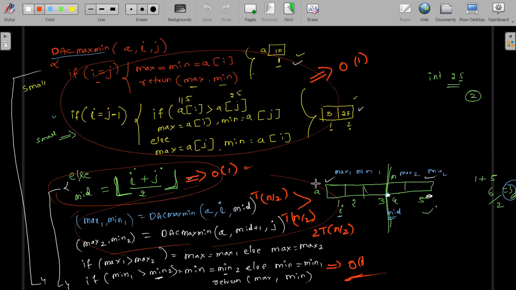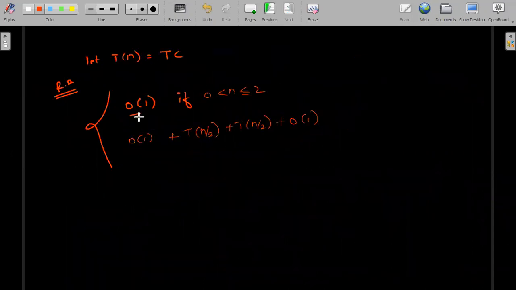Everybody observe: big O of 1 here as well as here, combine. When you are combining, it is taking big O of 1. When you are dividing, it is taking big O of 1. Already I have taken this, you can see here, when you are dividing, when you are combining.